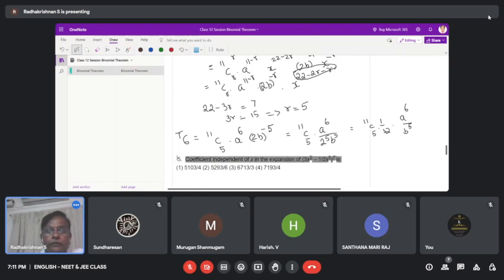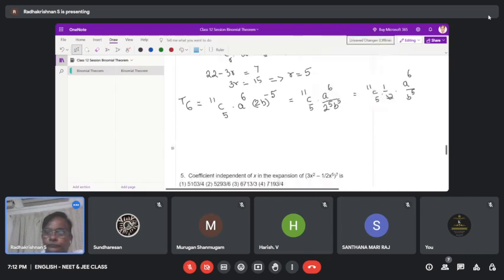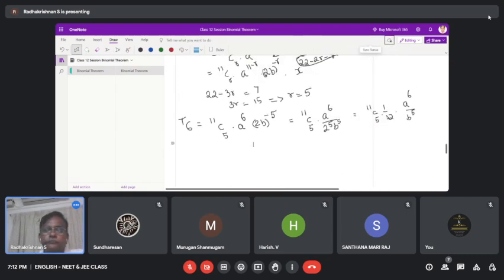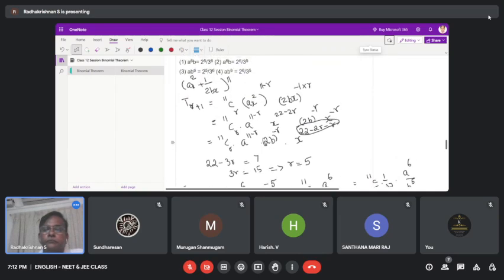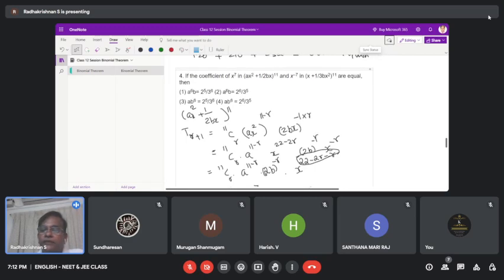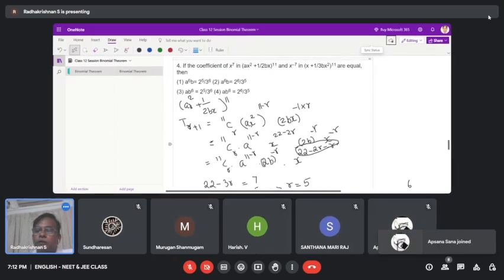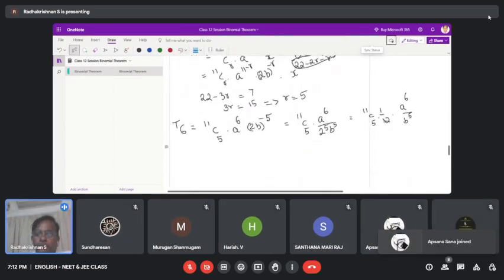Okay. Now let's look at the second expansion: the coefficient of x power minus 7 in (x plus 1 by 3bx square) whole to the power of 11.